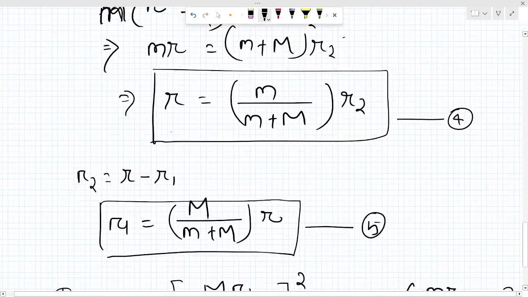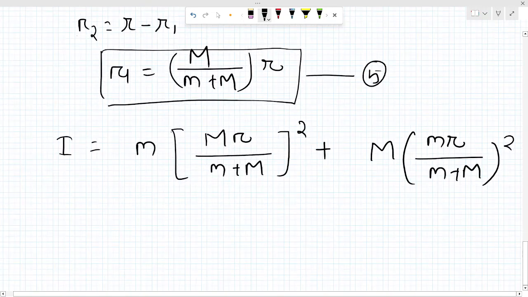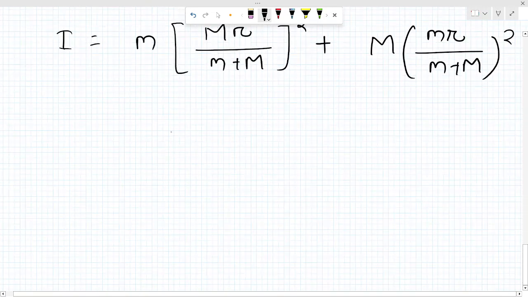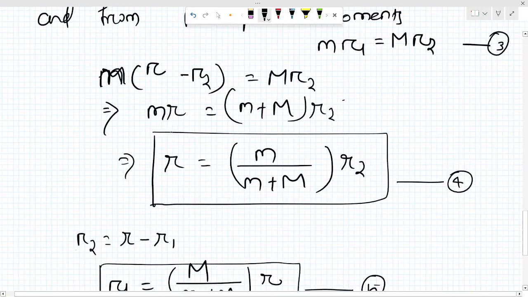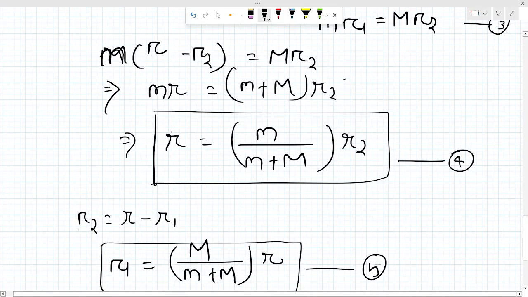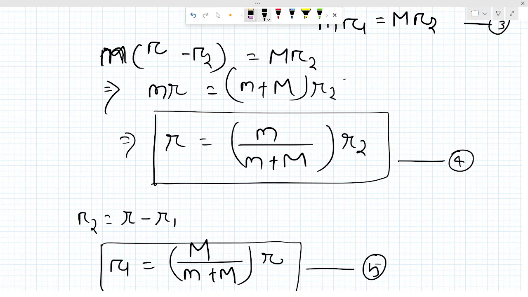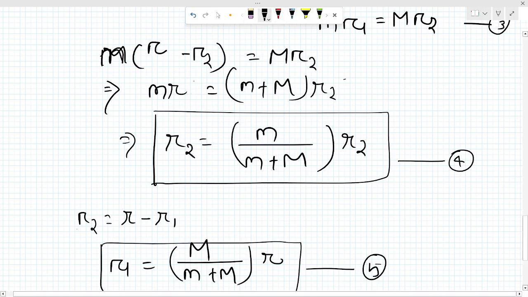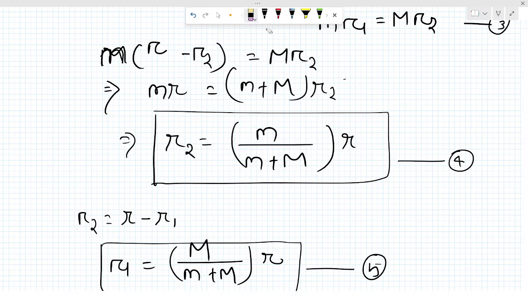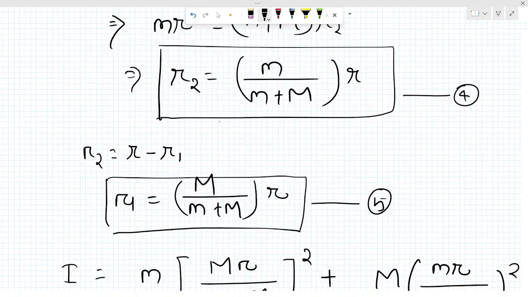Yes, we are good to go. Okay, I have made a mistake here. R2 will become small m divided by small m plus capital M into R. Sorry for my mistake. Okay, let me go further.